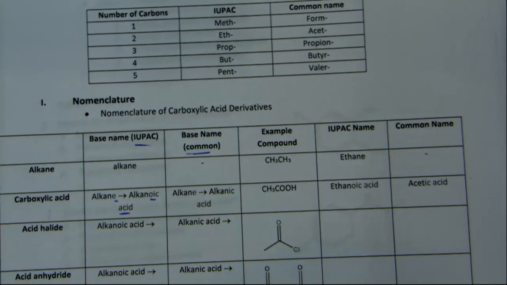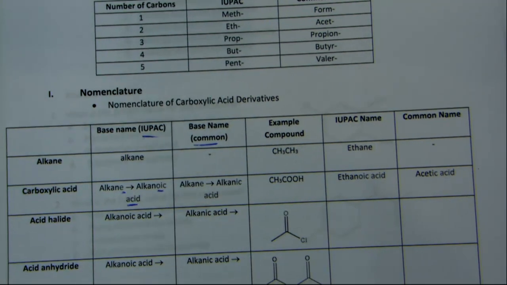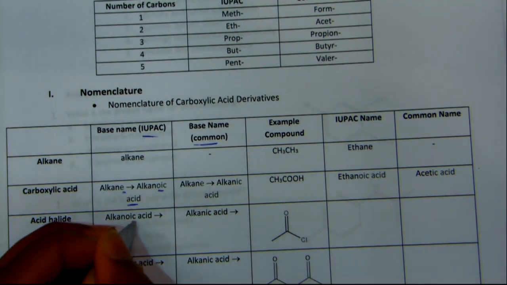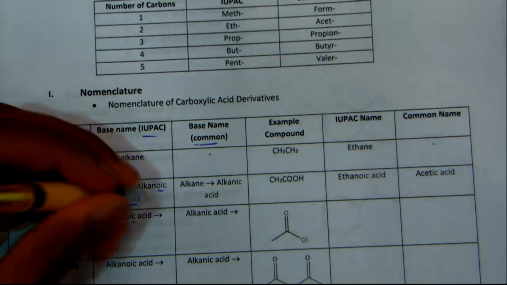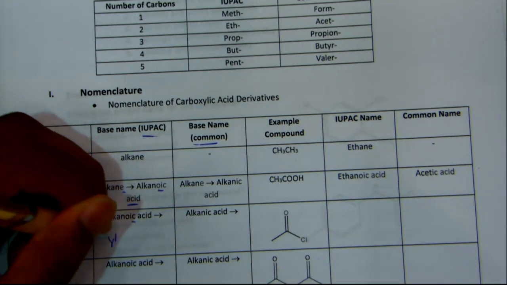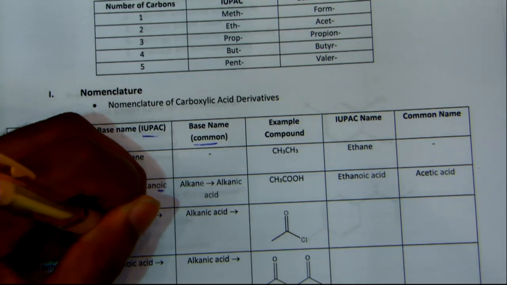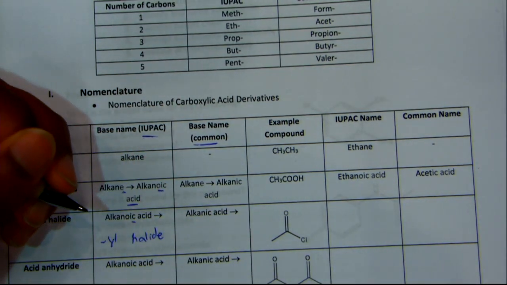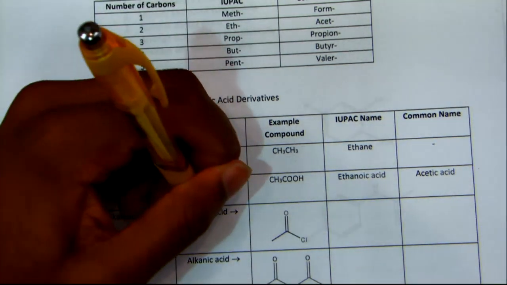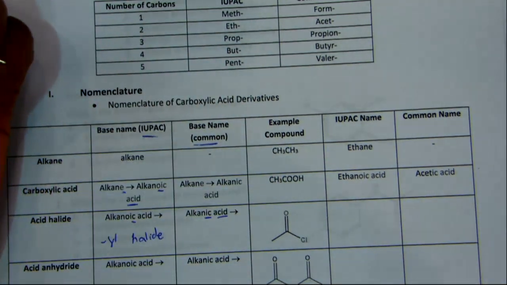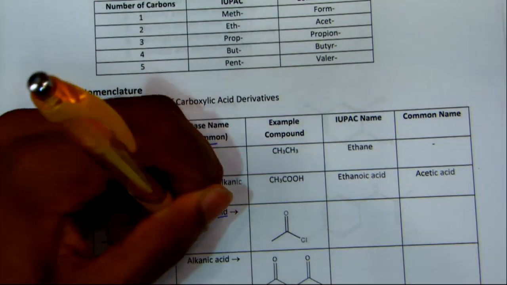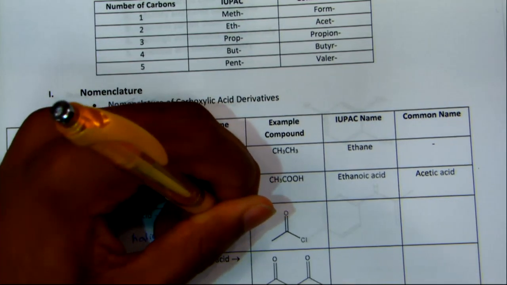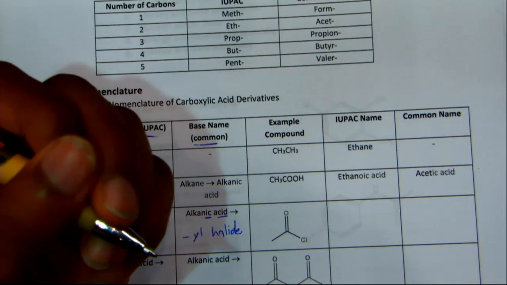So let's go for the acid halide. For the acid halide, you take the IC and you change that to YL halide. And it's also very similar with the other one: the IC acid, you take that off and change it to yl halide. Is everyone good with that?